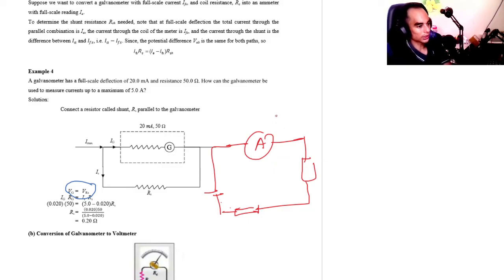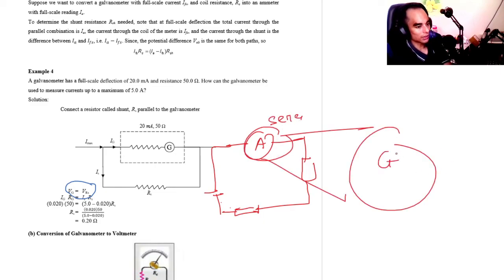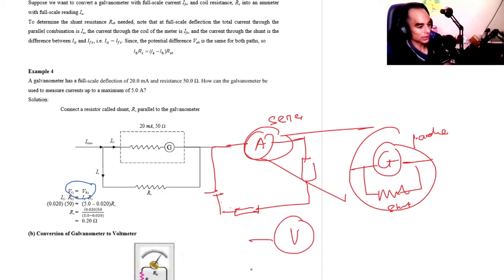So this is connected in series. But inside the ammeter, the galvanometer is connected in parallel to the resistor which we call a shunt. So this is connected in parallel. But the voltmeter is connected in parallel.